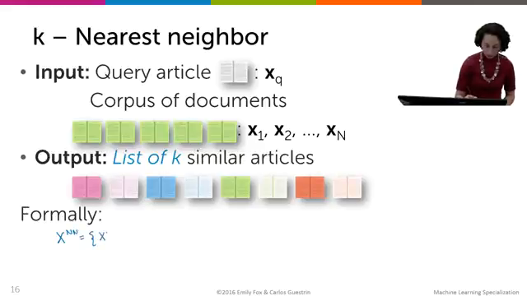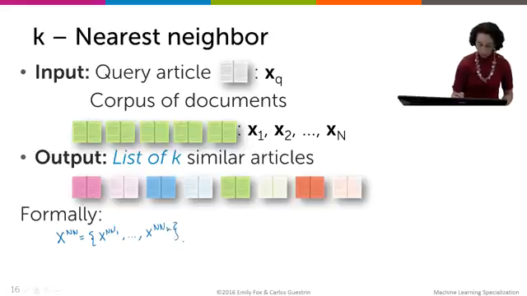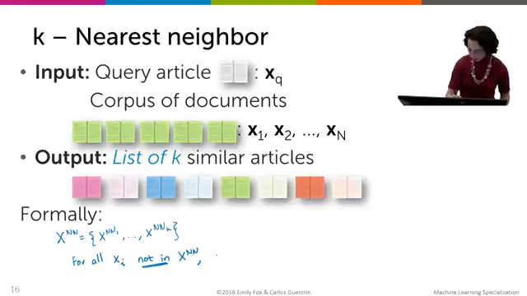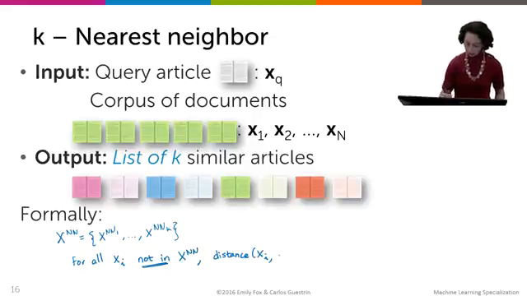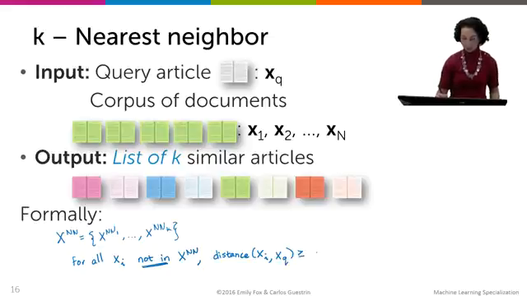This is going to be the set of articles x nearest neighbor 1 all the way to x nearest neighbor k, where the definition of what falls into this set is that for all articles xi not in our nearest neighbor set, the distance between xi and xq, our query article, is greater than or equal to the distance to the furthest nearest neighbor in our set.